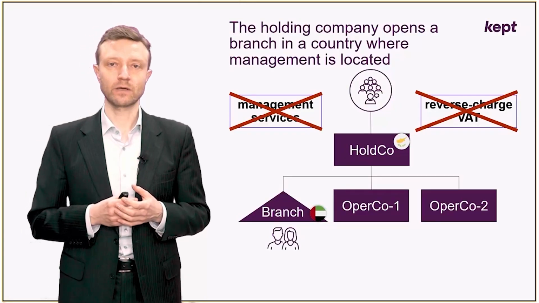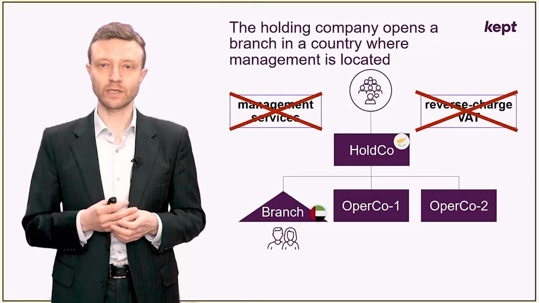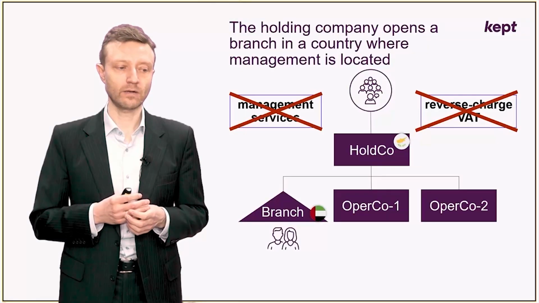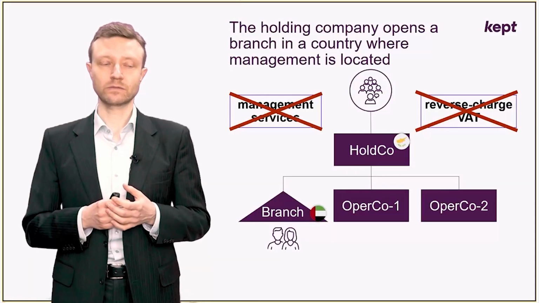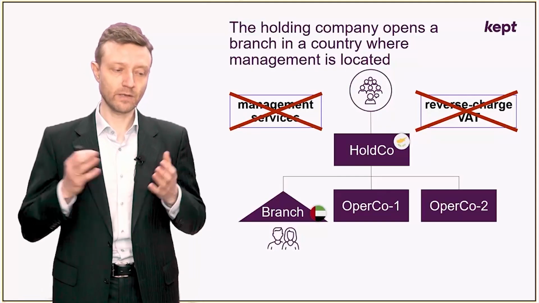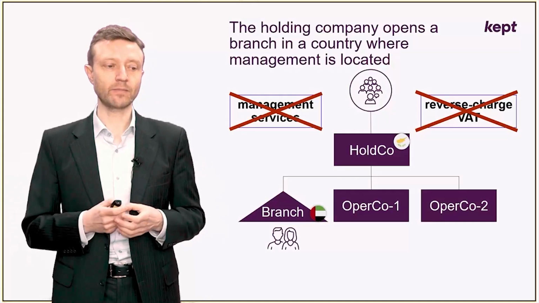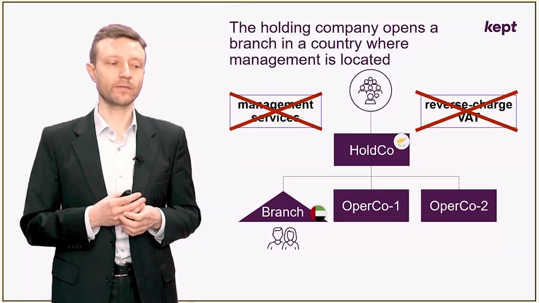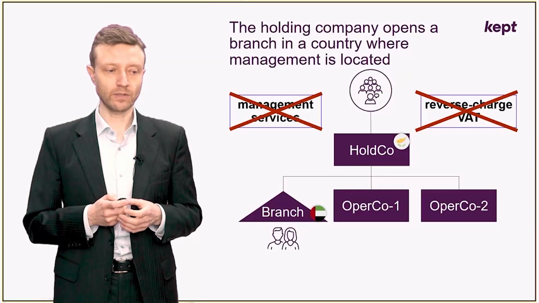In which case, service fees are not going to be charged by the management company, because again there is no management company, and the branch is a part of the holding company, is part of the same legal entity. And again, this is another way how the reverse charge costs leakage can be avoided.